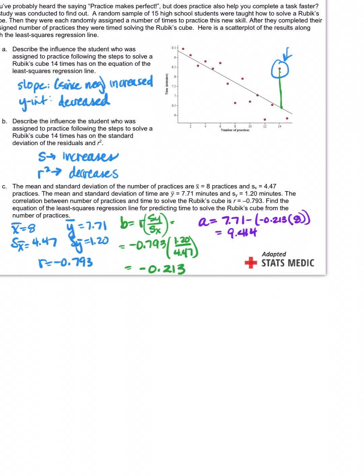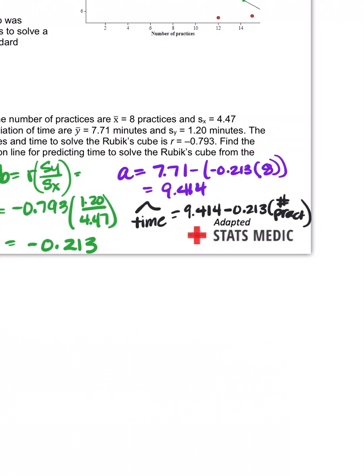So then my regression equation, the predicted time, would be 9.414 minus 0.213 times the number of practices. Okay, can y'all read that?